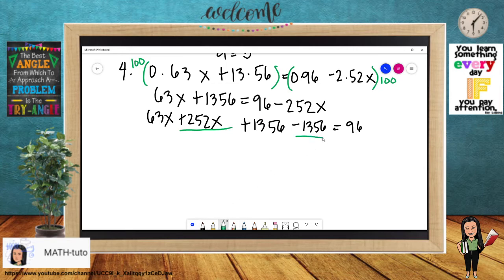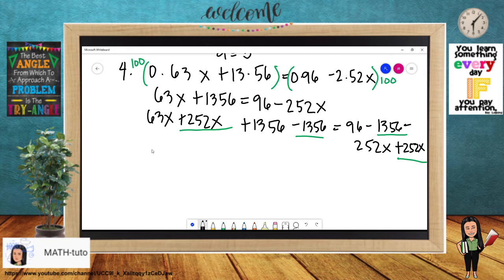Ito pa rin yung nadagdag ha. 96 minus 1,356 minus 252x plus 252x. Okay? Ayan. Ito yung mga nadagdag. Nasaan na ba yun? Ito, 252x at saka yung 1,356 para dun sa other side.